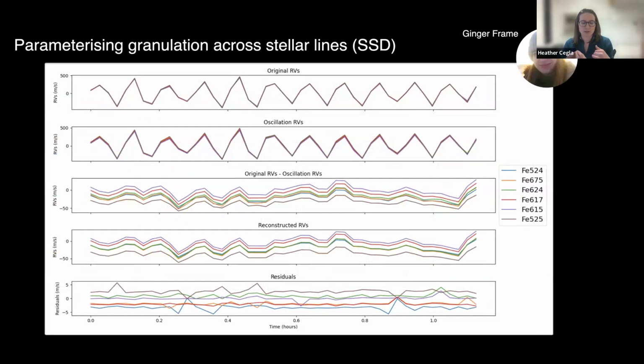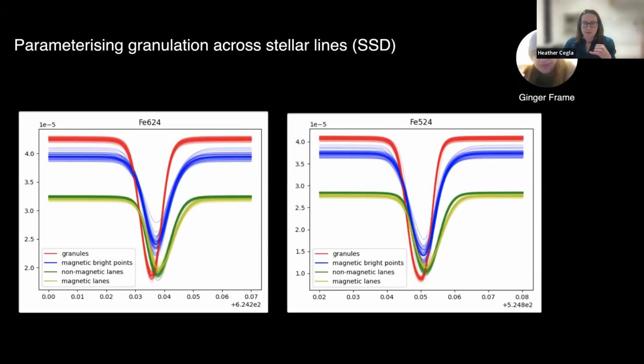The concept is, if the time average of this parameterization is an accurate representation of what a granule is, then if we take the filling factors from a given snapshot and add them up with our time averaged components, we should reconstruct the granulation component for that snapshot.